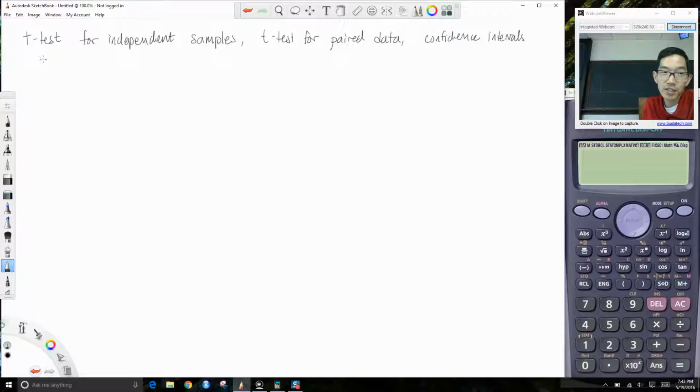Okay, so these are parametric tests, and parametric here means involving a parameter. Do you guys remember what a parameter is?